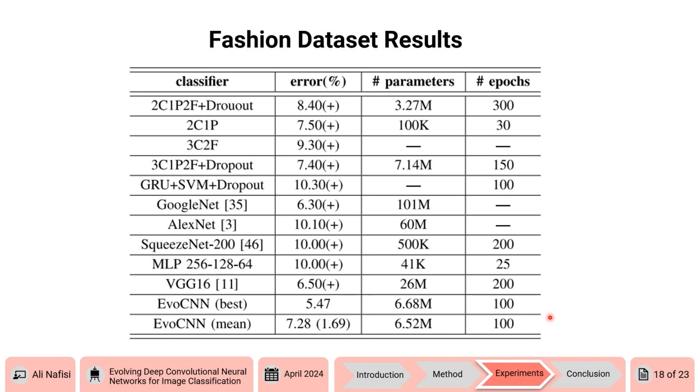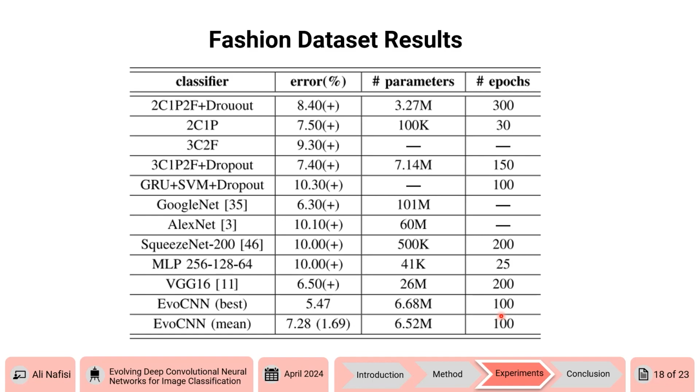There's a tricky thing here: this epoch number that you see, 100, is for the final evaluation. In the fitness evaluation algorithm, they didn't do 100 epochs of training for evaluating each individual in the actual algorithm process.